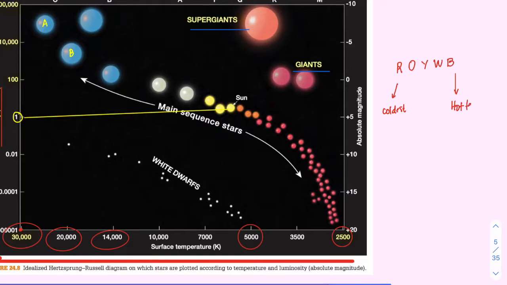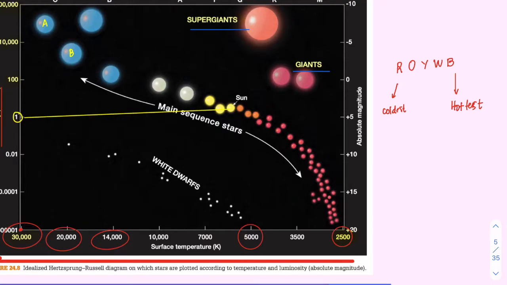But when I say red is cold, it doesn't mean that it's cold in our daily experience. For example, for the red stars on the main sequence, it's 2,500 Kelvin. And that's very large from our daily experience, right?